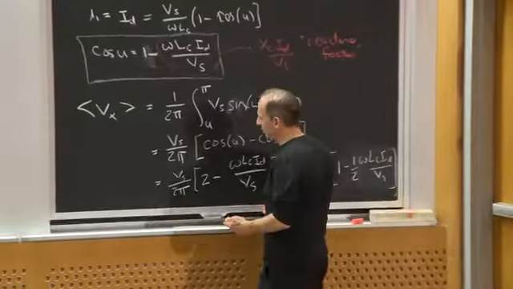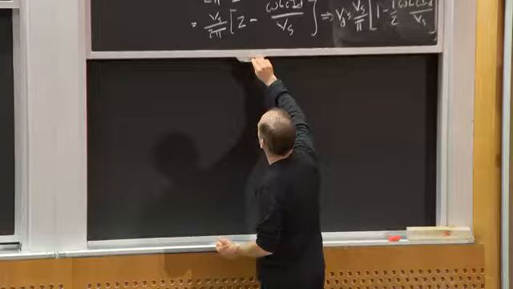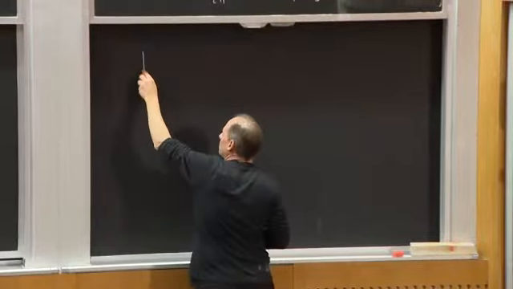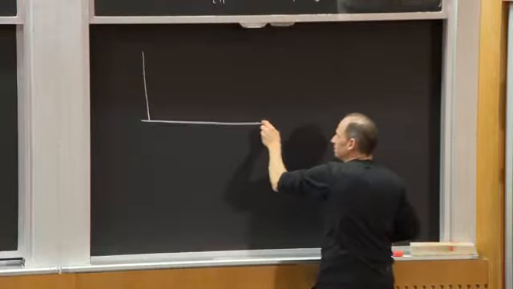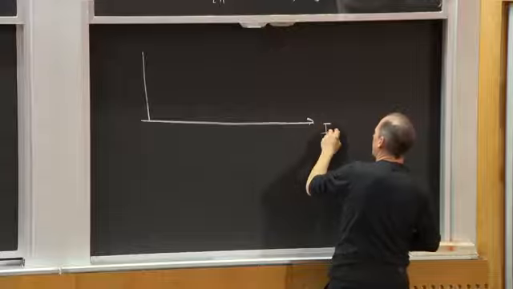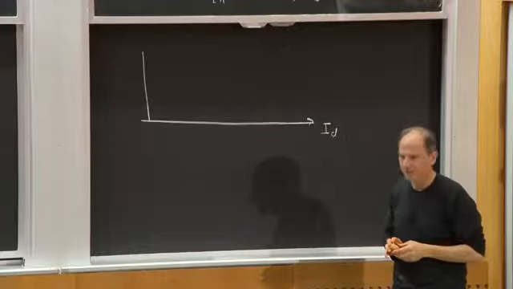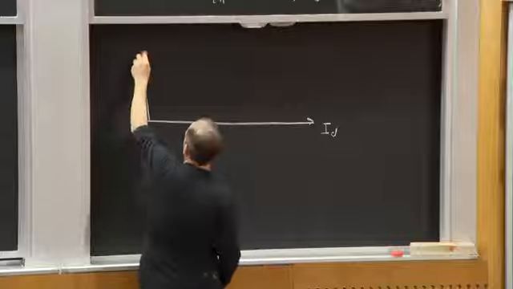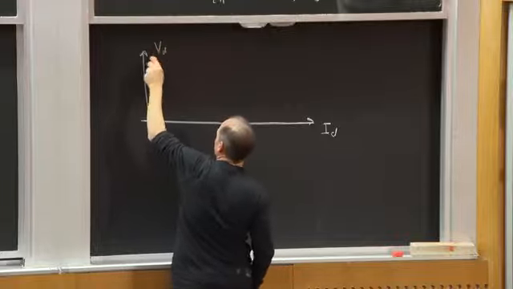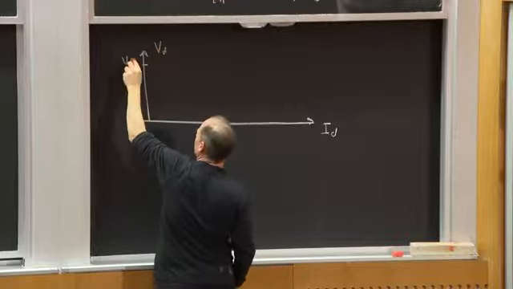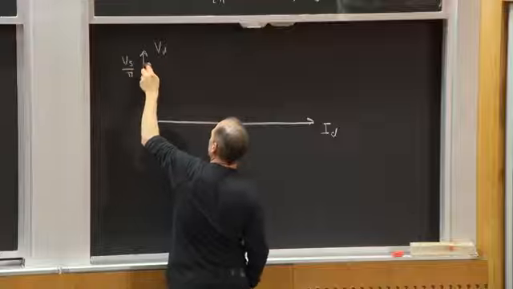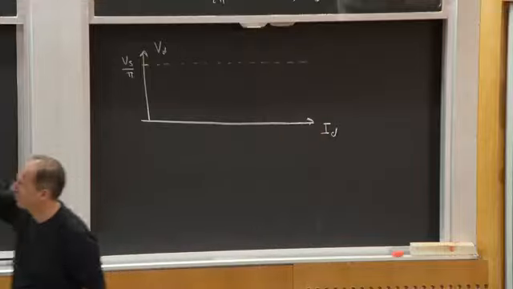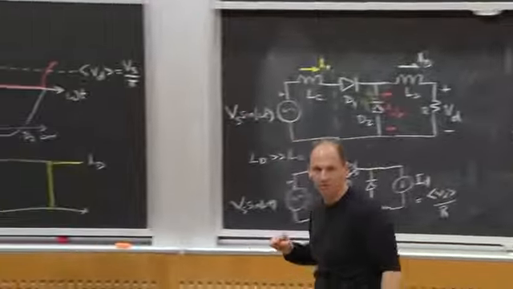So if I was to plot this, what I would see is this. Let me plot this versus ID. I could plot it versus different things, but let me plot this versus ID. In my original rectifier, if I plotted Vd versus ID, what I would just get is Vs over pi, right? No matter how much current I draw from this rectifier, I'm going to get Vs over pi at the output, right?